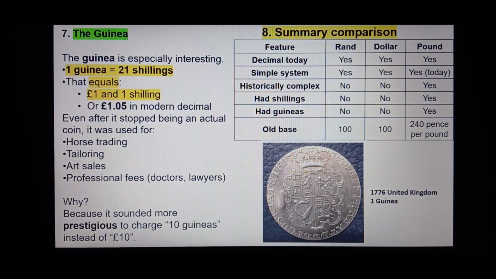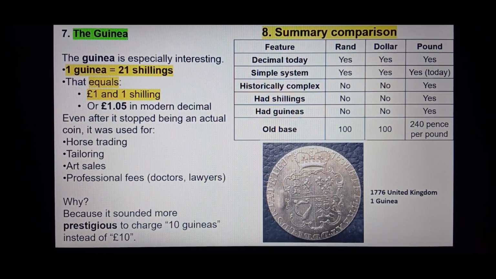A summary of comparison. If we look at the feature and the rand, dollar and pound, we look at the decimal today. Rand, yes. Dollar, yes. Pound, yes. Simple system, the rand, yes. The dollar, yes. And the pound, yes. Only today's, not the past. Historically complex, the rand, no. The dollar, no. The pound was a yes.